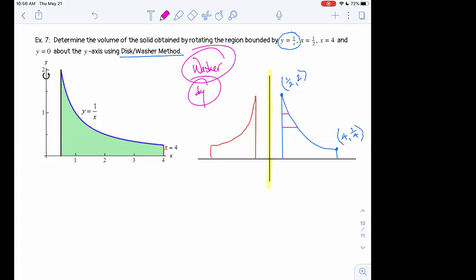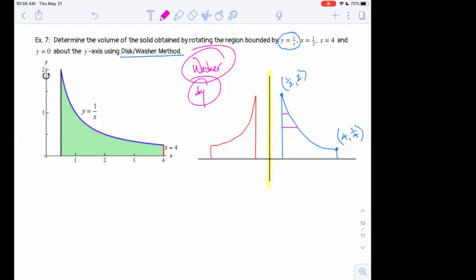Now, some of you might be wondering why she draws these random lines, and how does she know where to put the lines? The thing is, it doesn't really matter where I put the line as long as I scan the whole diagram.